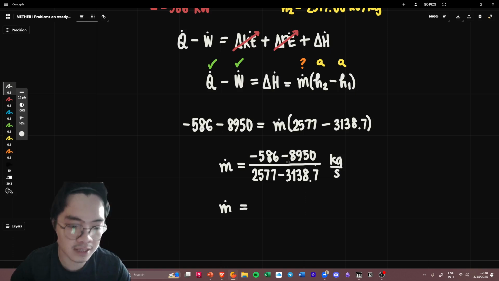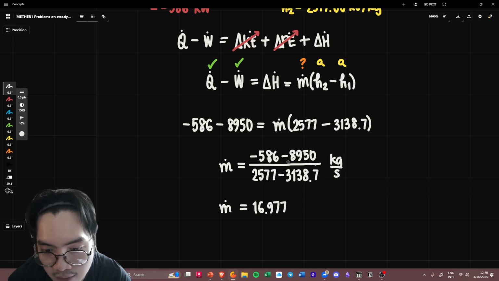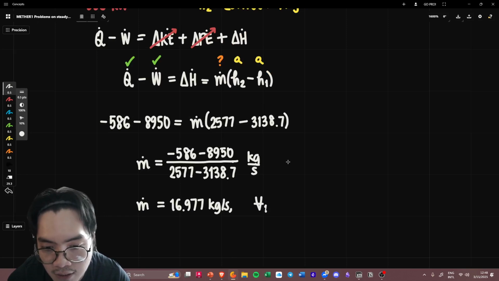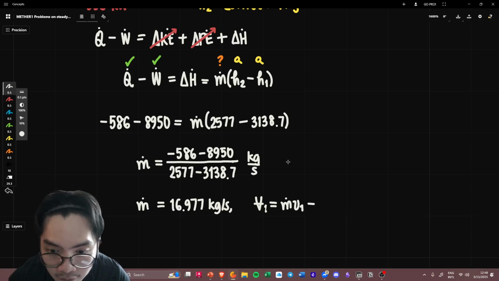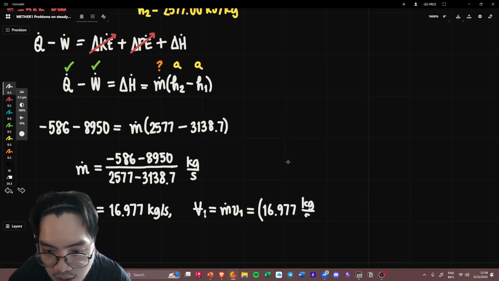We will get 16.977. I will not round that down yet, because what we need is V dot 1, which needs the value of m dot. So 16.977 kilograms per second.